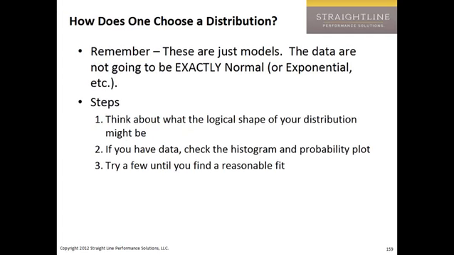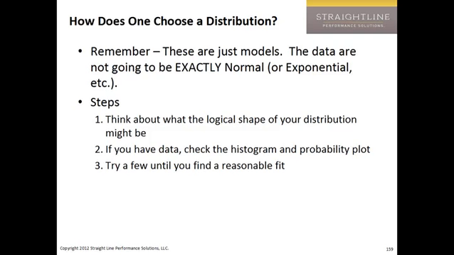So the steps are really to think about what logical shape the distribution of the data might be. For example, suppose you're collecting data on cycle times, there's no natural boundary on the right-hand side. A cycle time can be as long as possible. It could be a year. Like in some invoice things you'll find, yeah, there are some that are a year old if you're doing a receivables project.